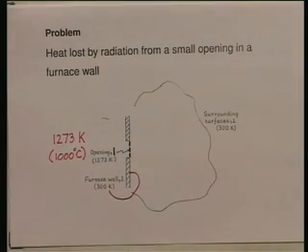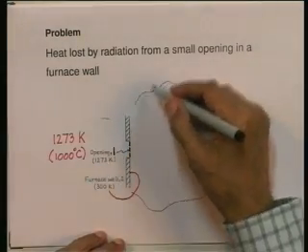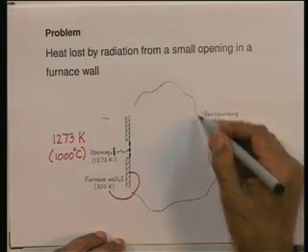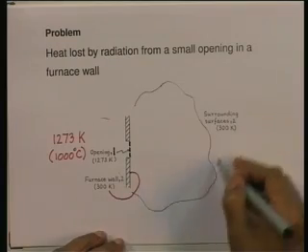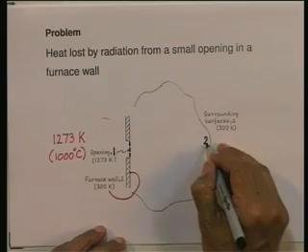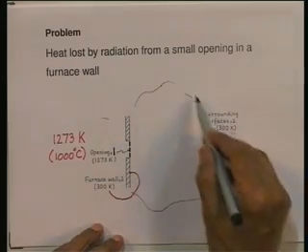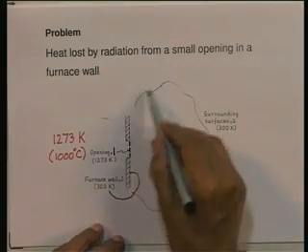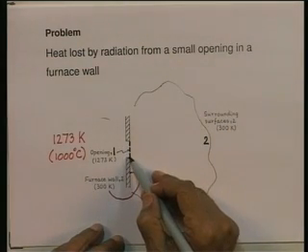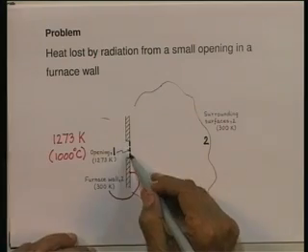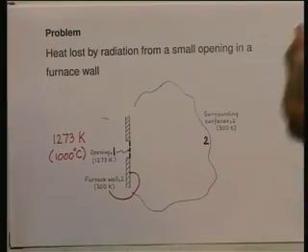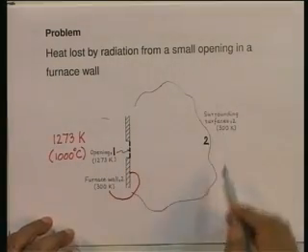And let us say all the others, that is the outside of the furnace wall and the surroundings, everything else is at 300 Kelvin. So, let us call that surface 2. So, this is my enclosure, in which the small opening is surface 1, and everything else that it sees once the radiation comes out is surface 2.